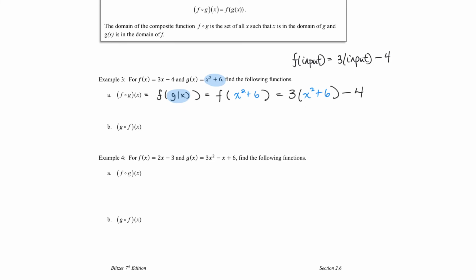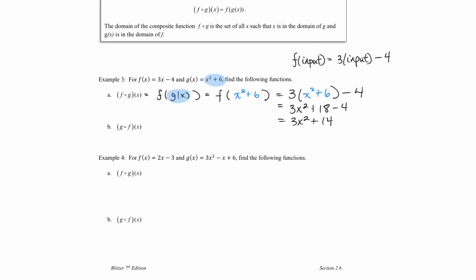So am I following the rule or the pattern or the template that f is defined by? Yes. f of whatever the input is is equal to 3 times that input minus 4. Now I just need to distribute and simplify. So it'll be equal to 3x squared plus 18 minus 4, or 3x squared plus 14. That is the new function f of g of x.